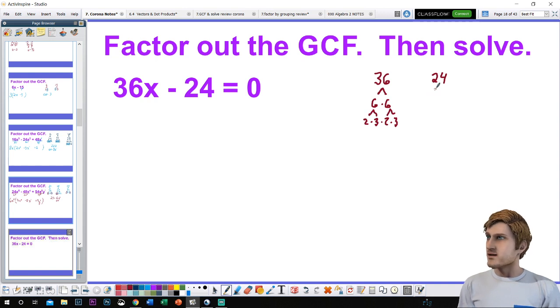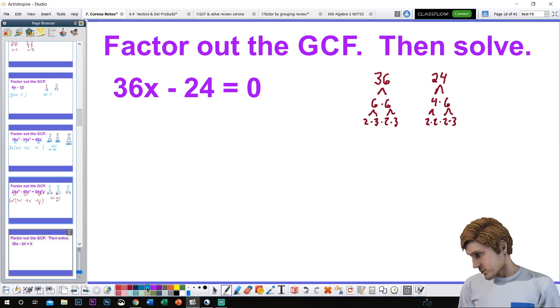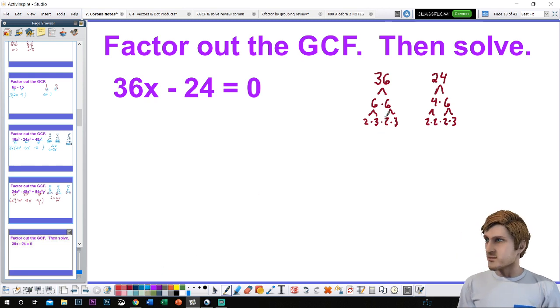24 is 4 by 6, which is 2 by 2 by 2 by 3. What do these guys have in common? Well, I see a 2 and I see a 3. And I see another 2. So it looks like my GCF is going to be 12.